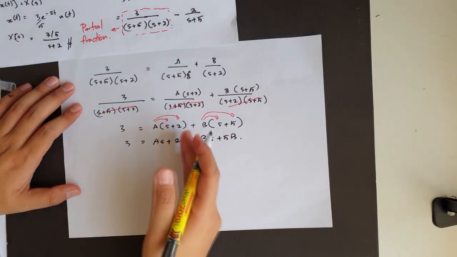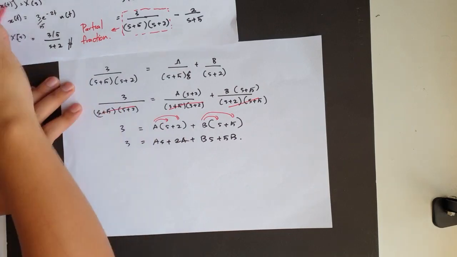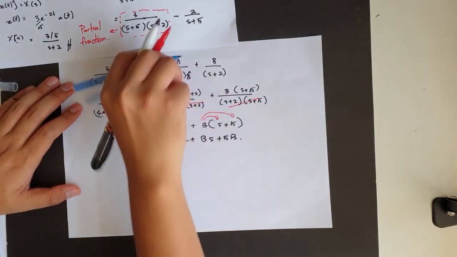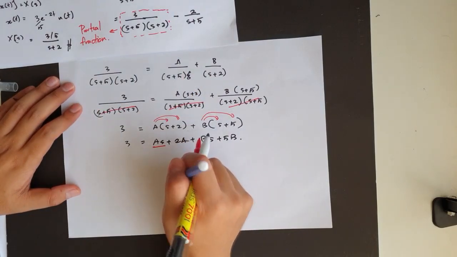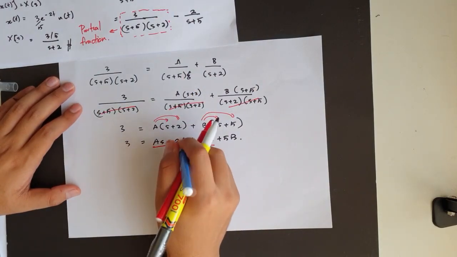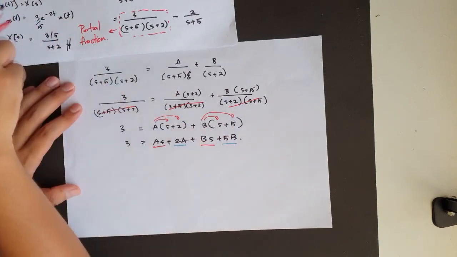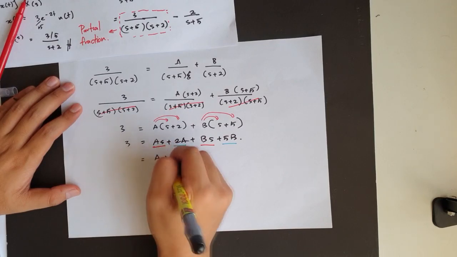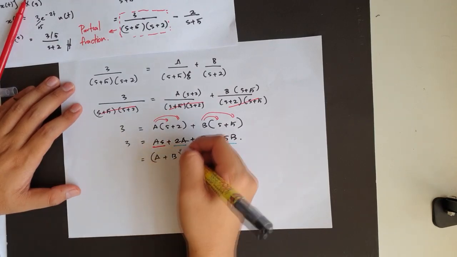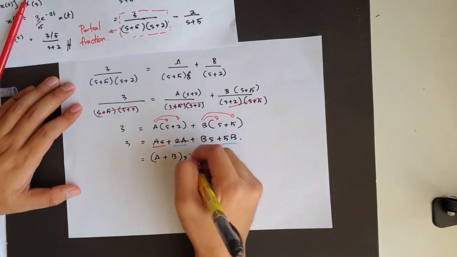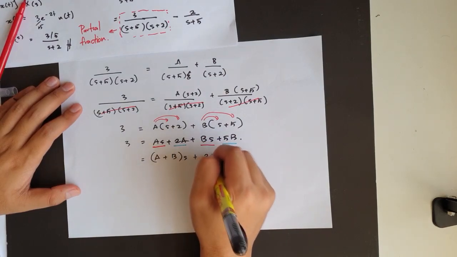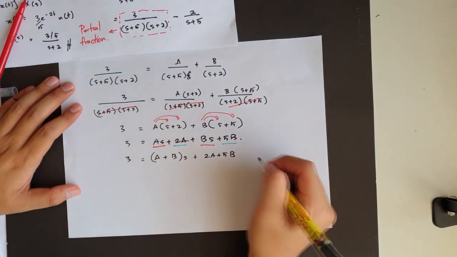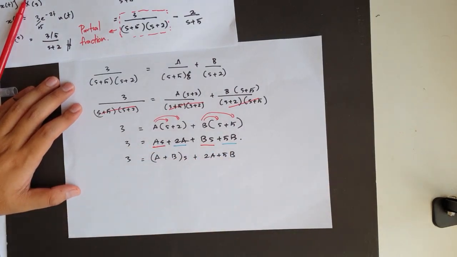So we compare the left side and the right side. Here this is the As, and for this one there is a Bs, and this one is the constant. So A plus B times s plus 2A plus 5B is equal to 3.